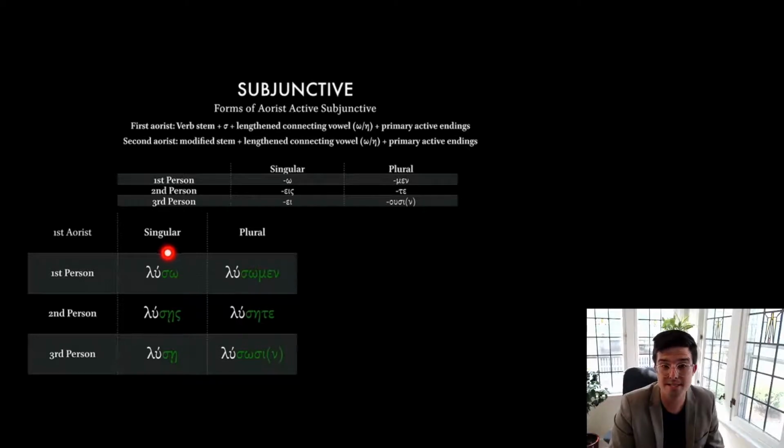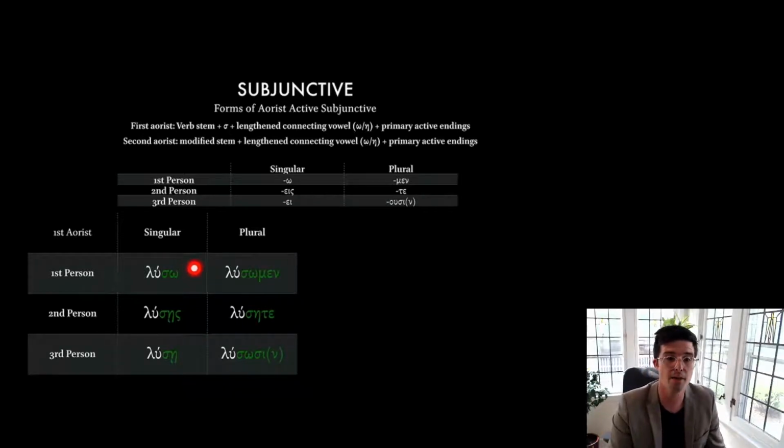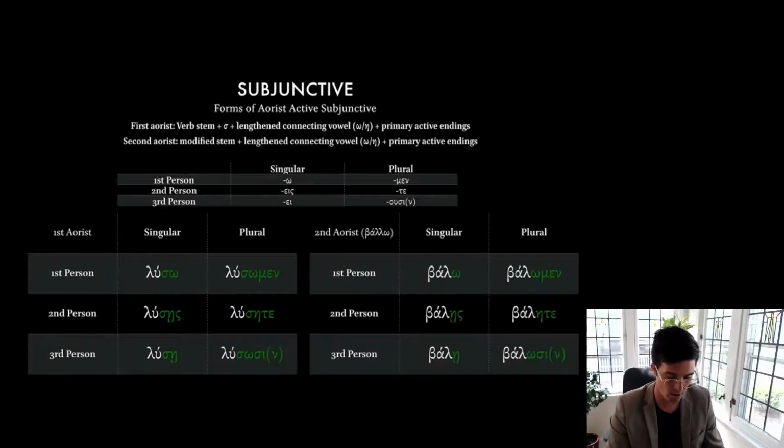So this is not the sign of the future, even though this looks exactly like our future active indicative form. This same form is used for the first aorist active subjunctive, but in this case, the sigma is not a sign of the future, it's a sign of the aorist. Then otherwise, we have those endings added on afterwards with our lengthened connecting vowel in each case. So notice how everyone is either an omega or an eta.